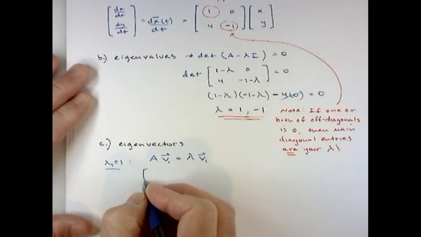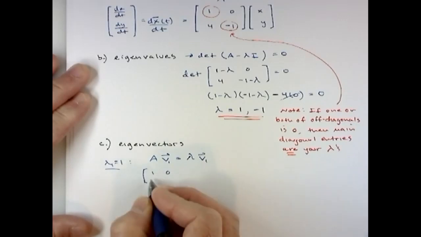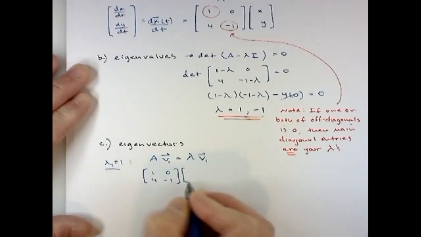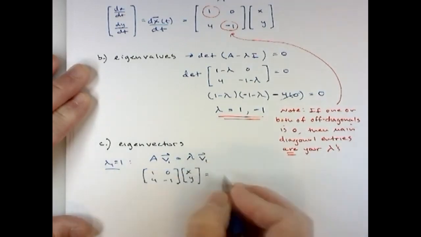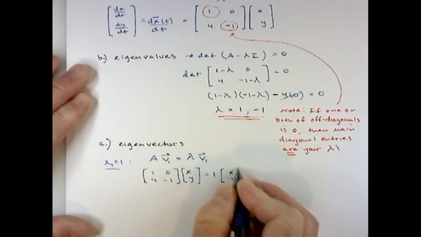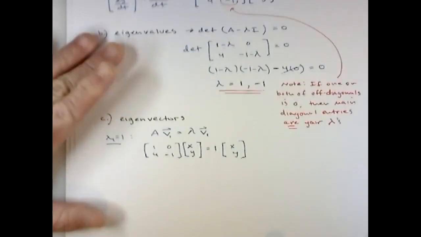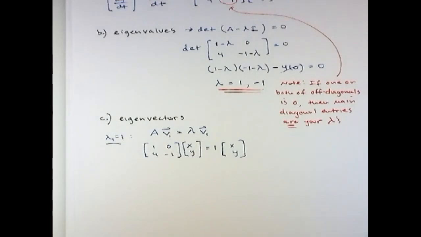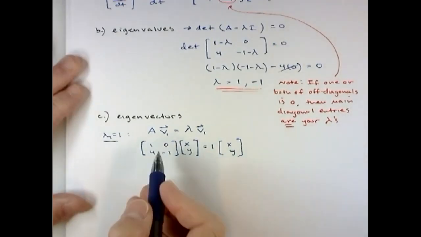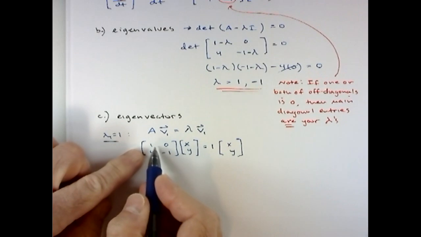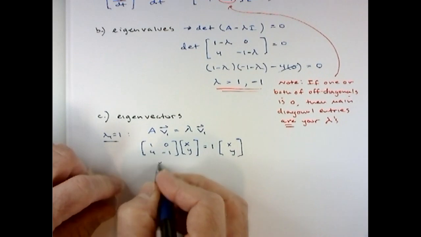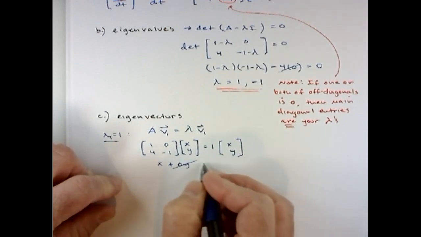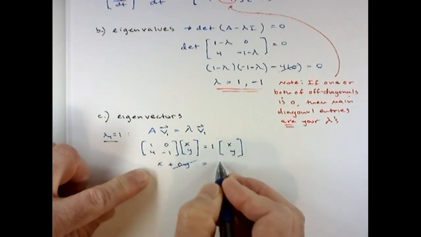So we have 1, 0, 4, negative 1 times your vector xy equals, in this case, 1 times xy. If you multiply out the first row, you just get 1x plus 0y, so that's not even there, and that's going to equal the top entry, which is x.